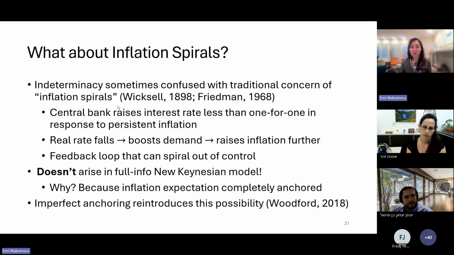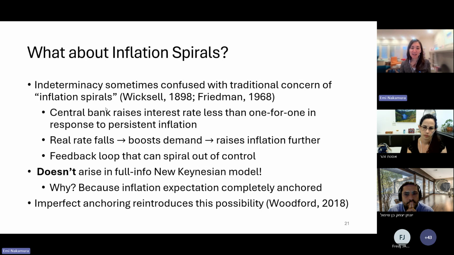And if the real interest rate falls in response to higher inflation, then this boosts demand, inflation rises further, and there's this feedback loop that potentially can lead inflation to spiral out of control. So this seems like a big concern of deviating from the Taylor rule.